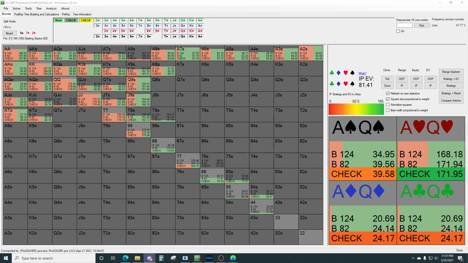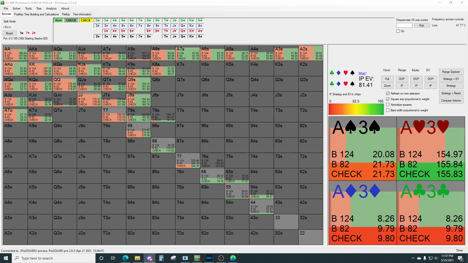For out of position, after he goes check on 9-7-deuce? I would expect a lot of checking. The 2 isn't very good for us, and the button will maintain his advantage through to the turn.